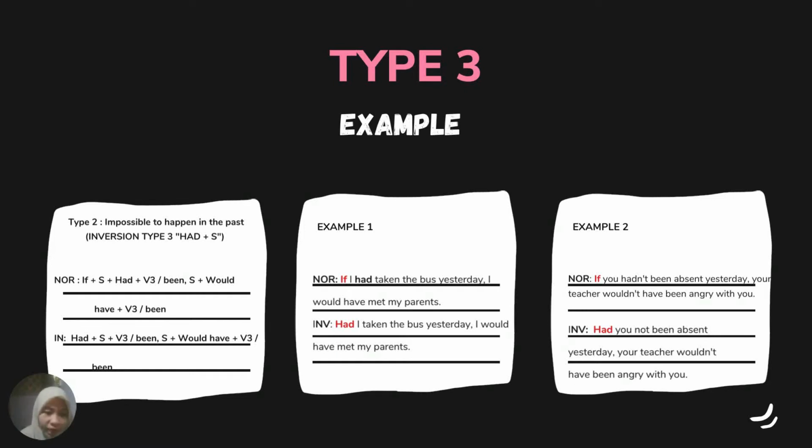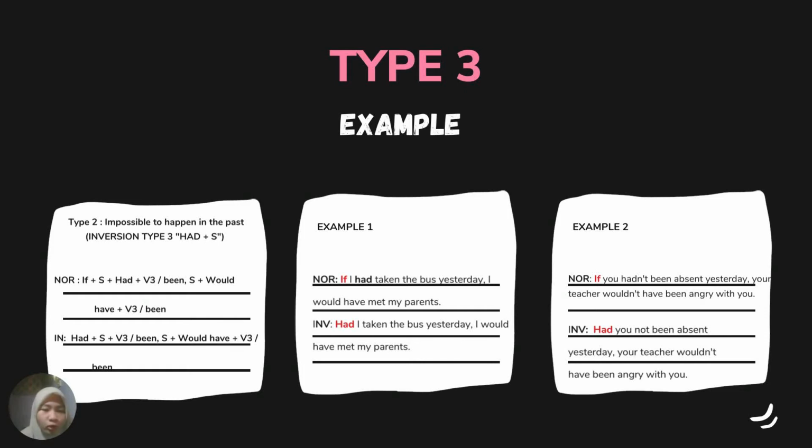So we replace if with had, and after it we put I as the subject, and after the subject we put the verb 3, taken. So: had I taken the bus yesterday, I would have met my parents. And for example 2, where the sentence contains a negative meaning. For normal, we have: if you hadn't been absent yesterday, your teacher wouldn't have been angry with you.